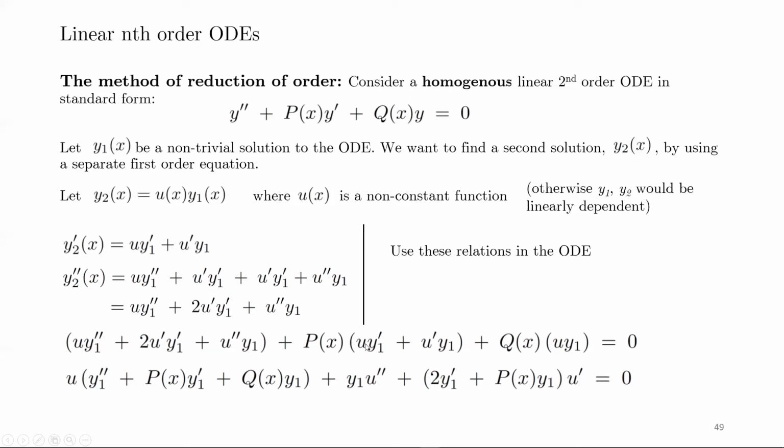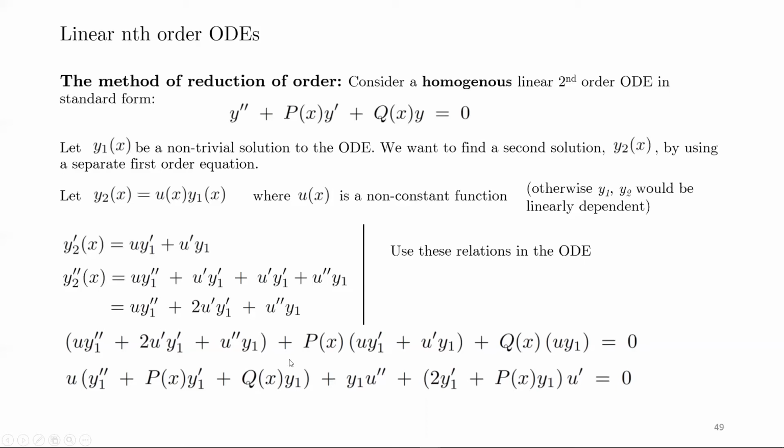Here we've got another u, so we've got u times y1 prime times p of x. So in here I have a p of x times y1 prime. This is not a u, it's a u prime. And then finally I have q times u y1 here, so I'm going to have a plus q times y1. So I've just pulled out that common factor of u. I've got the common factor of u double prime here, which only appears once in the above equation. And then I've also pulled out the common factor of u prime, which appears twice. So you can find that in the above equation.